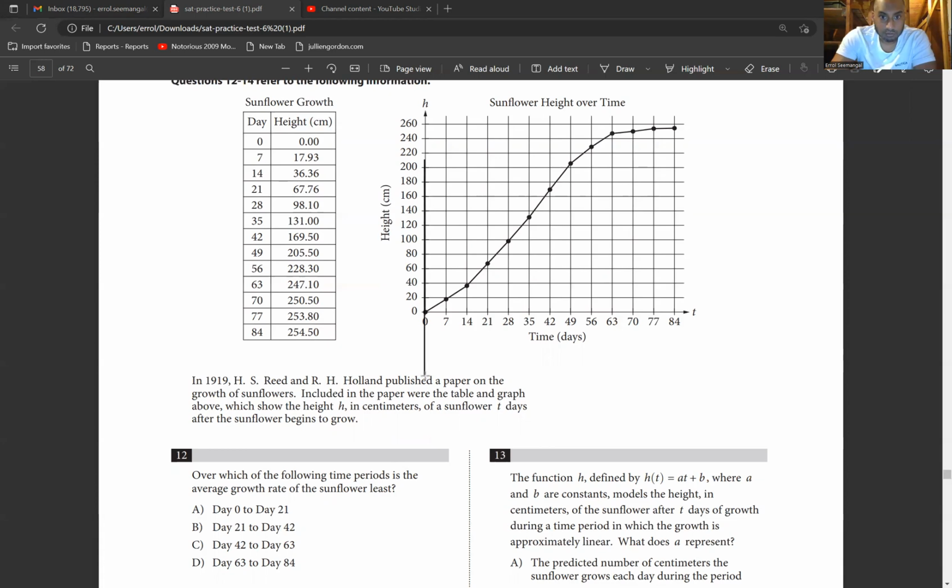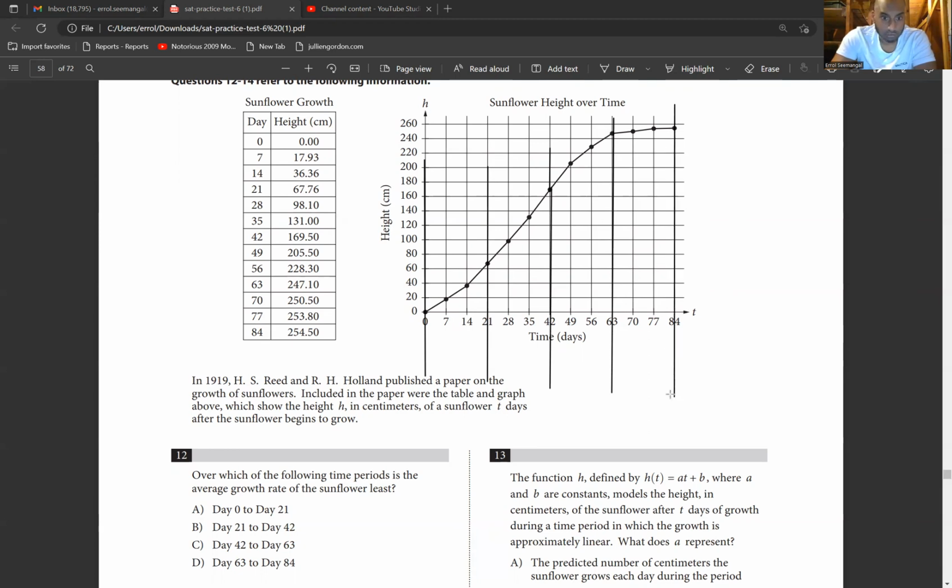There's your 0. There's your 21. 21 to 42, between there and there. 42 to 63 is here. And 63 to 84.